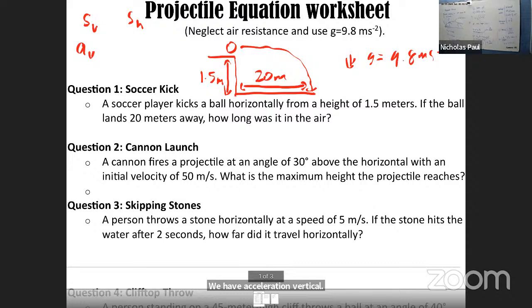Oh, by the way, it moved up horizontally. So what does that say, Nathaniel? It initially moved horizontally. It had no vertical displacement, of course. It had vertical displacement, 1.5.